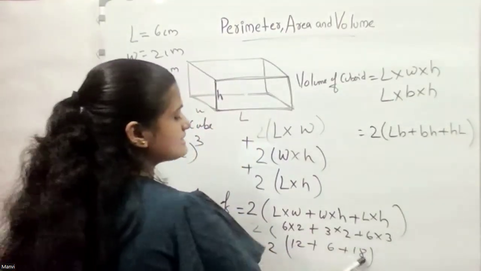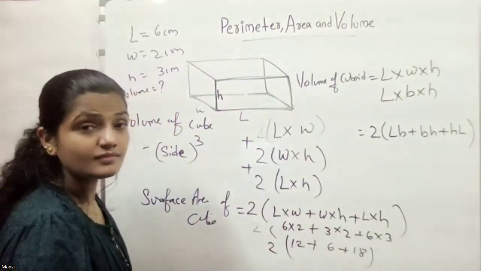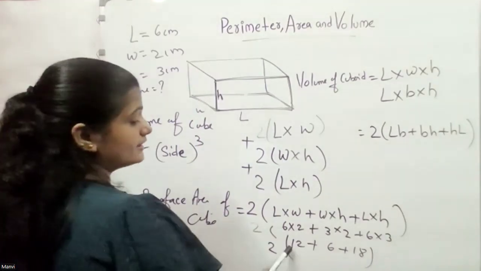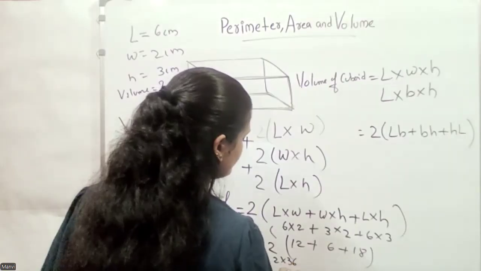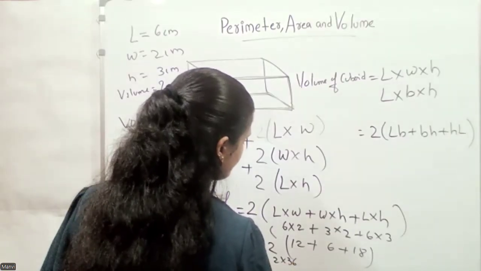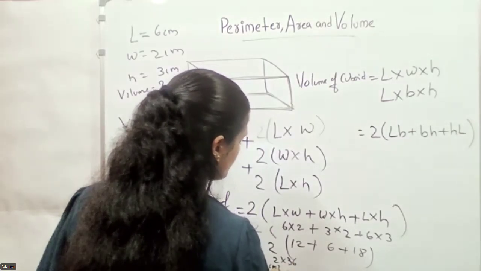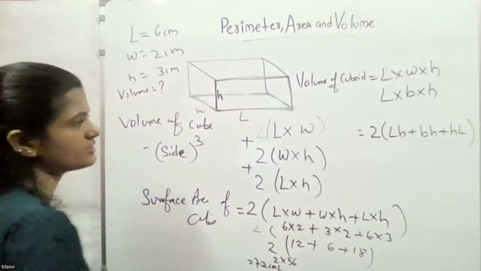So 12 plus 18 is 30, and 30 plus 6 is 36. So 2 times 36 will be 72 centimeter square, because we're calculating area.